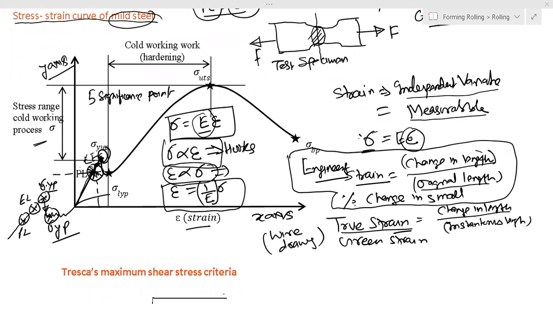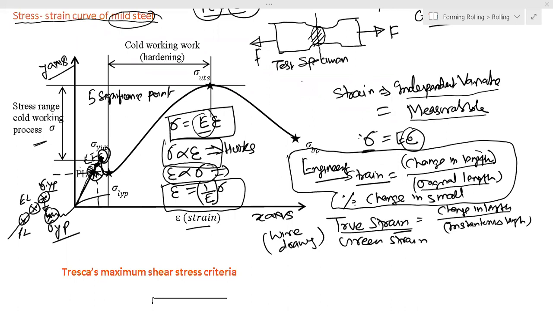Sir, why is strain increasing without considering stress at upper yield point? Yes, Ravichandran, it is actually dislocation. I will give an analogy. It is all about the dislocation movement, whether it is point defect or line defect or volume defect.